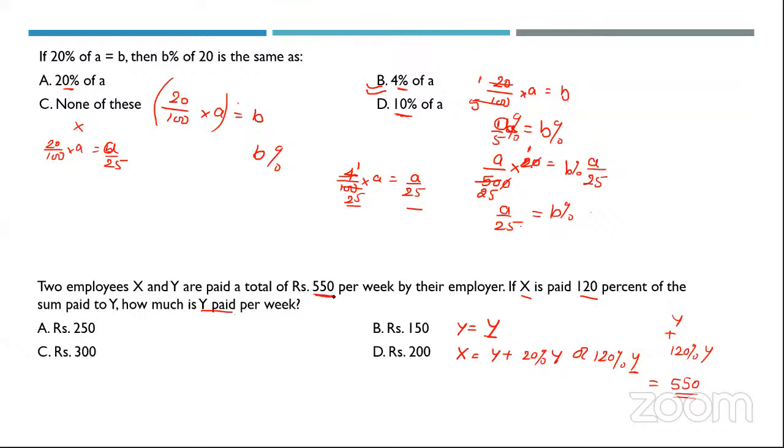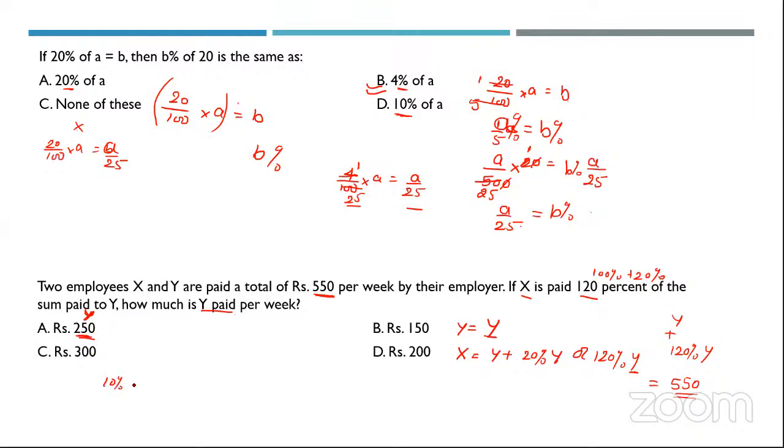You should get 550, all right? Summation of X and Y. So if Y is getting 250, what is 120% of 250? Or let's calculate 20%, because 120% is nothing but 100% plus 20% extra. All right. So what will be 20% of 250?